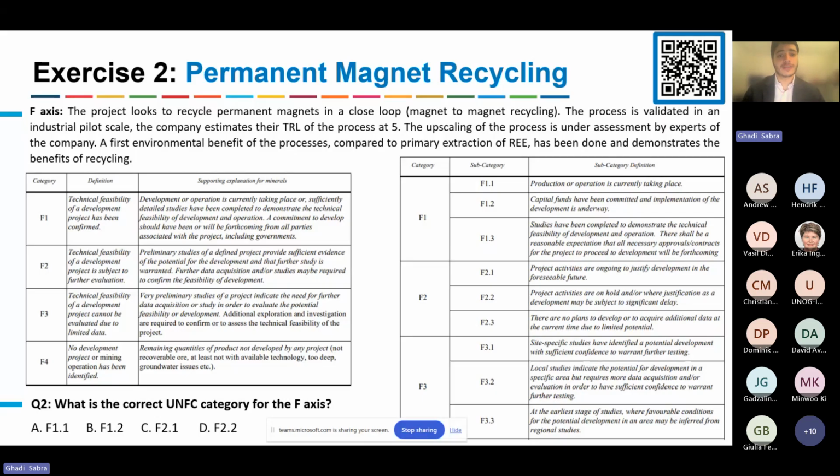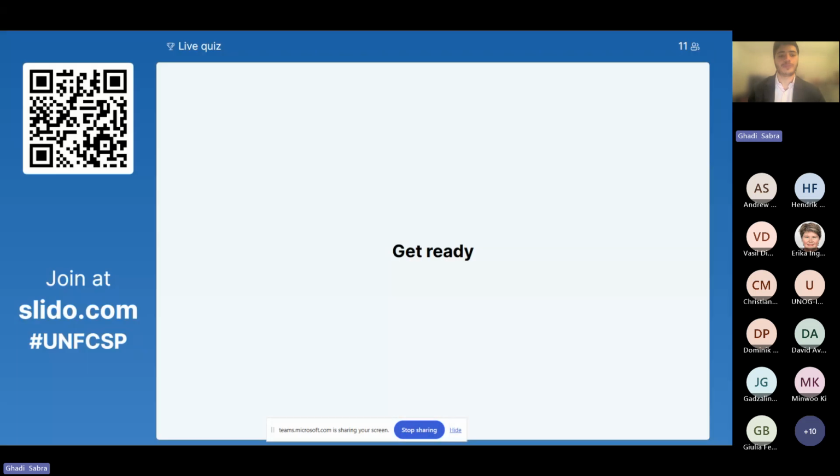A first environmental benefit assessment of the process compared to primary extraction of REEs, rare earth elements, has been done and demonstrated the benefits of recycling. So what is the correct UNFC category for the F axis? Is it F1.1, 1.2, 2.1, 2.2?